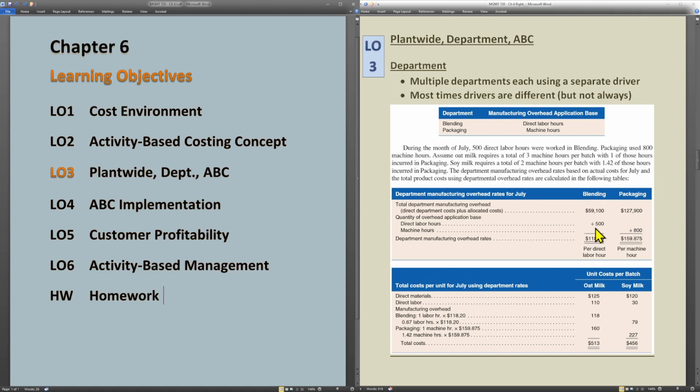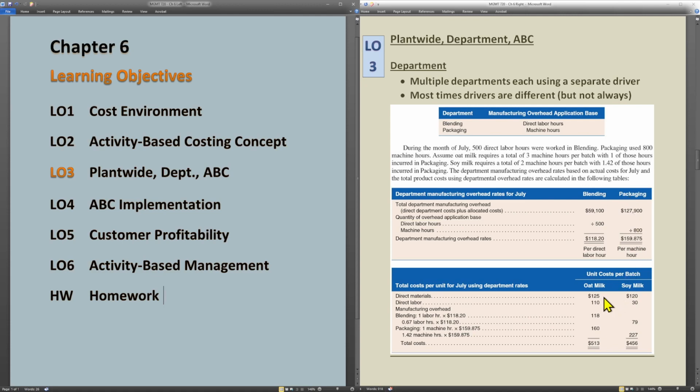For example, here you can see, because blending is based on labor hours, we're going to be dividing by the total number of labor hours for the dollars and measuring it on a per labor hour basis for things in blending. Here, because packaging is based upon machine hours, we're going to be dividing the amount of dollars in the packaging department by the machine hours. So we will have 2 different rates for the 2 different activities.